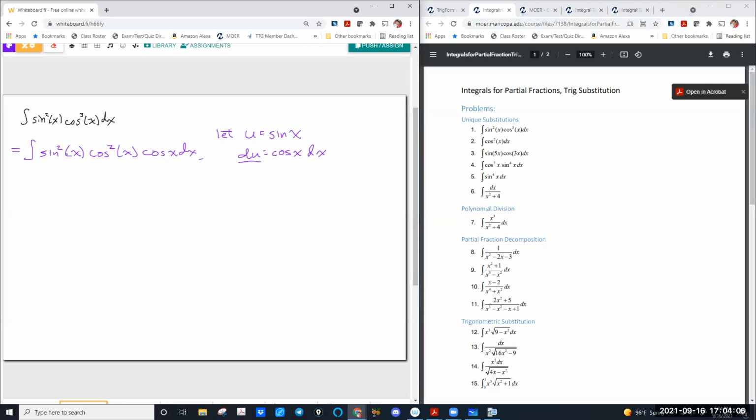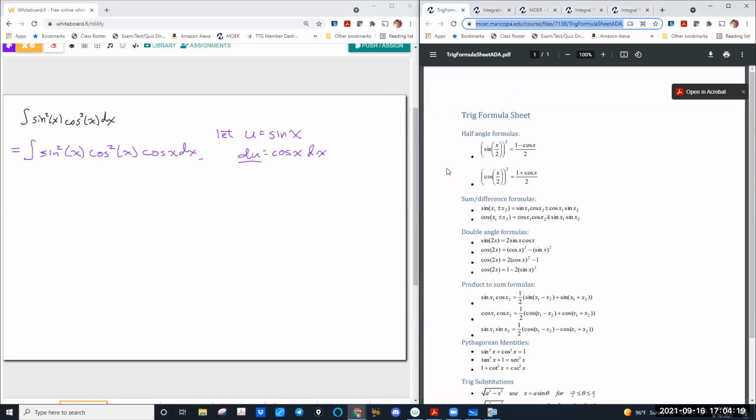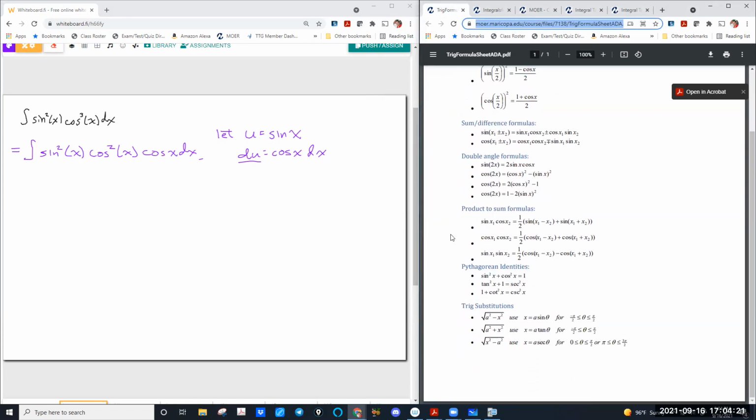Since u is sine x, this sine squared x here is just u squared. Now we do end up with this extra cosine squared that we want to substitute somehow. So this is where we go over to our trig sheet. This is one you probably already remember, but check out our Pythagorean identities.